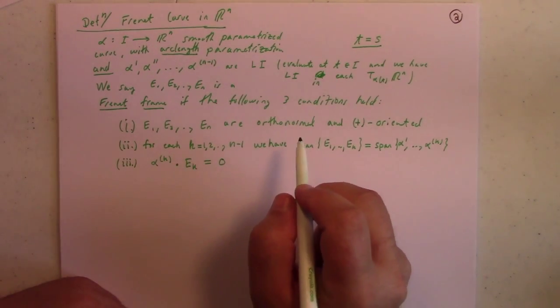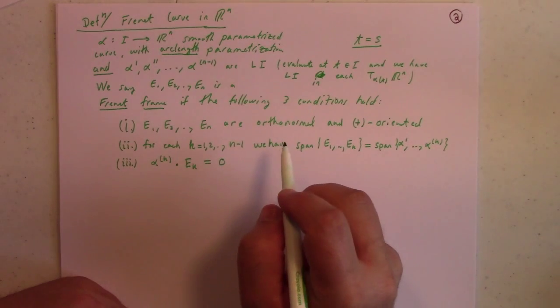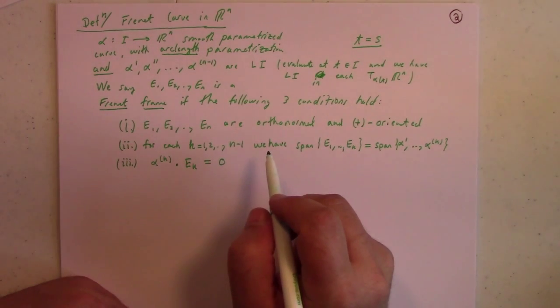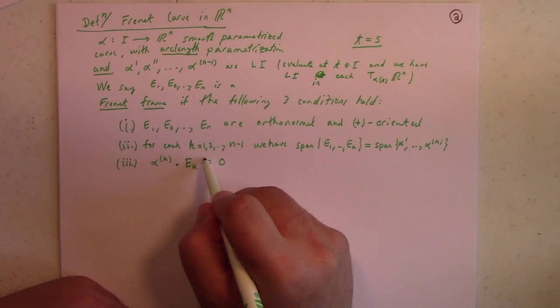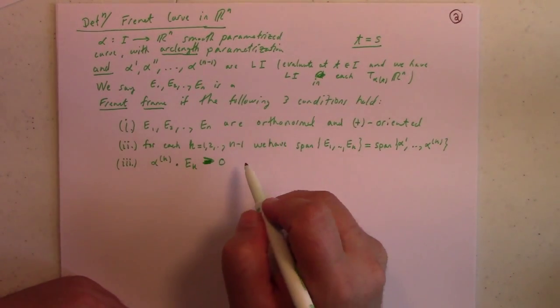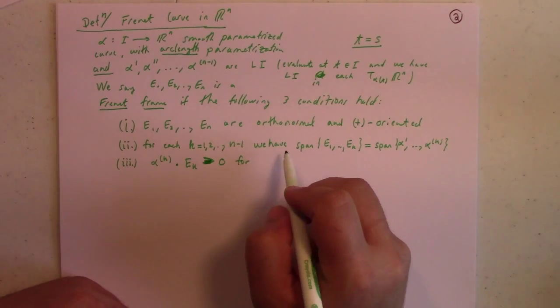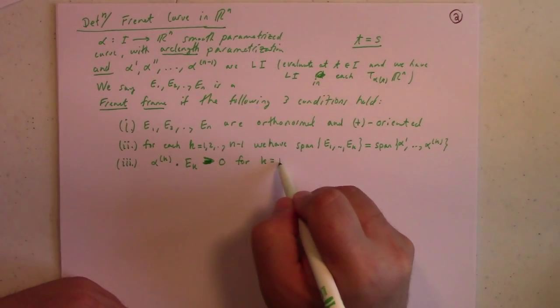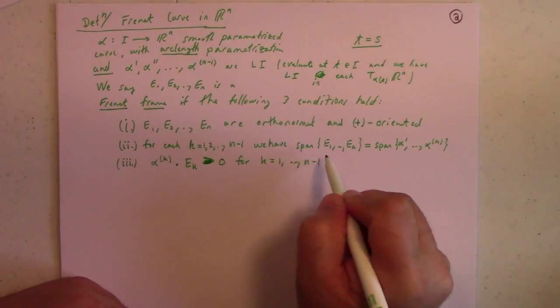I do think it means is equal to 0 for... Oh no, greater than 0. I'm an idiot. The reason these have to be greater than 0 is these are exactly the curvatures. You say curvatures, yes, curvatures with an s, k equals 1 to n minus 1. All right.